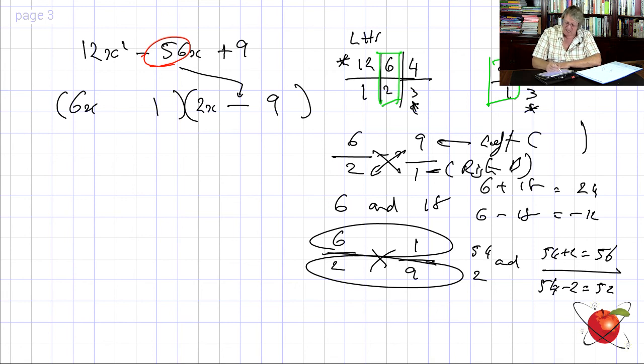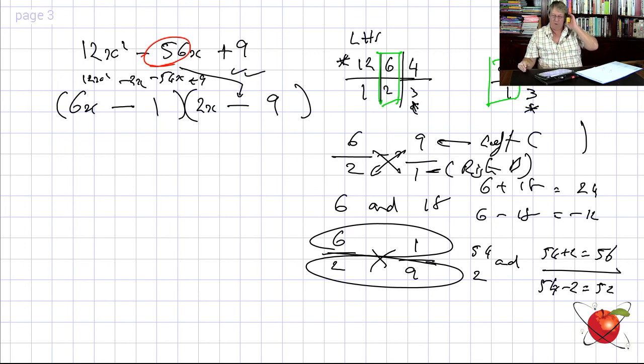The other one, in other words, I need a plus there. So that's also got to be a minus, correct? So let's have a quick check. 6x times that is 12x squared. Minus 2x minus 54x. And plus 9. Minus 54 minus 56, tick, tick. They're all correct. That's quite a tough one.